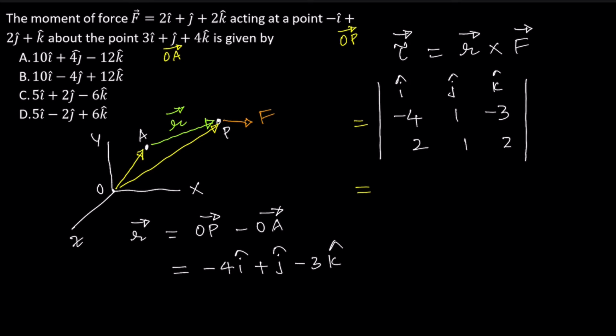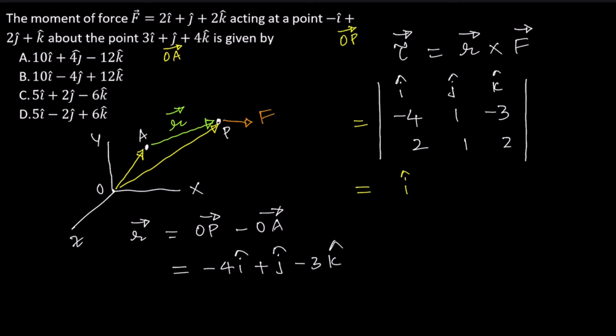So to get the first component, you have this determinant. You need to calculate the determinant here by ignoring this row and this column. We have this determinant. So i cap times 1 into 2, 2 minus minus 3, so that's 5.